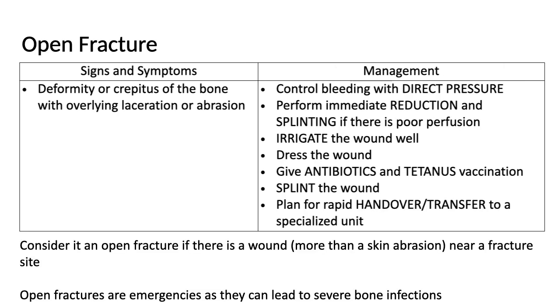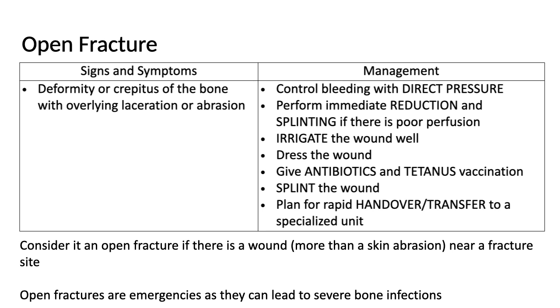Open fracture: consider it an open fracture if there is a wound more than skin abrasion near the fracture site. Open fractures are emergencies as they can lead to severe infection. For this patient, you can see deformity, crepitus of the bone with overlying laceration and abrasion.